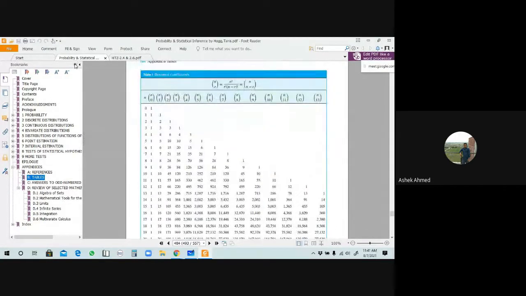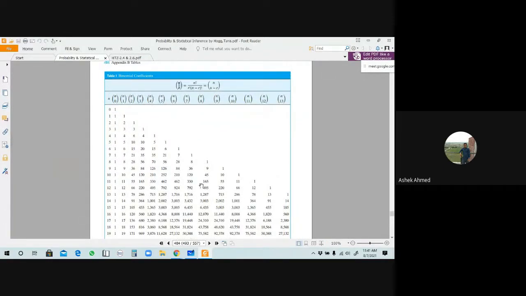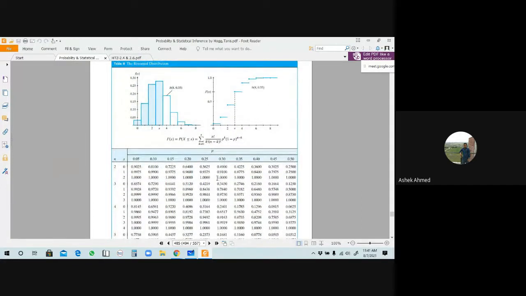This is the coefficient of the binomial distribution, the values of nCx; there are various values, we do not need them, we can calculate them. But this is the table of the binomial distribution, okay. The first row represents the probability of success, with values from 0.05 up to 0.5, and the difference between two probabilities is 0.05.